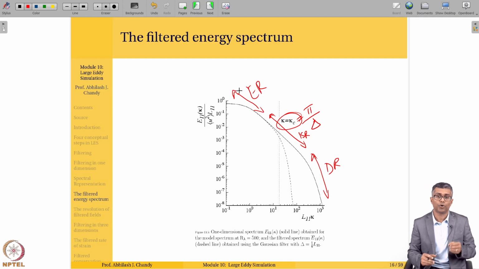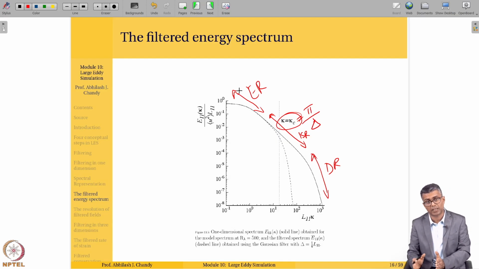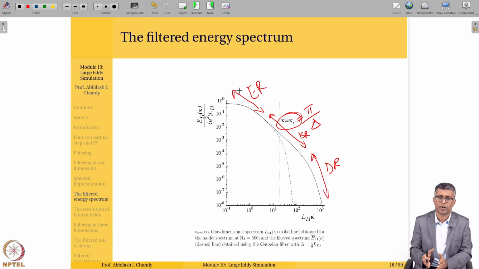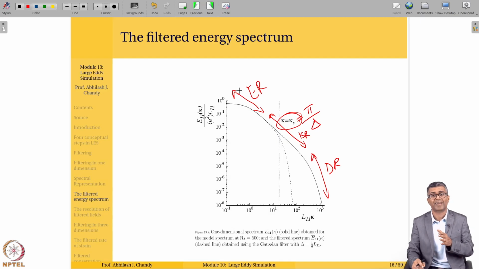You need your cutoff wave number to be in the inertial subrange. Remember, we are resolving all the large scales. So at the minimum, your filter width should go till the energy demarcation length scale. But again, these are not hard set numbers. So it's better to be slightly below the demarcation length scale for the energy containing range, the LEI, if you remember.